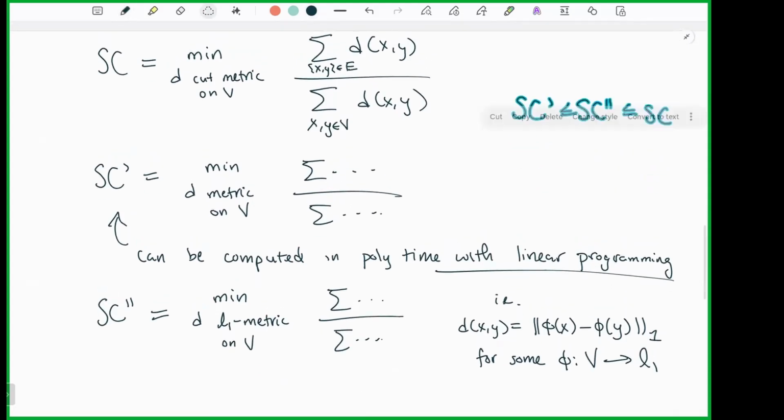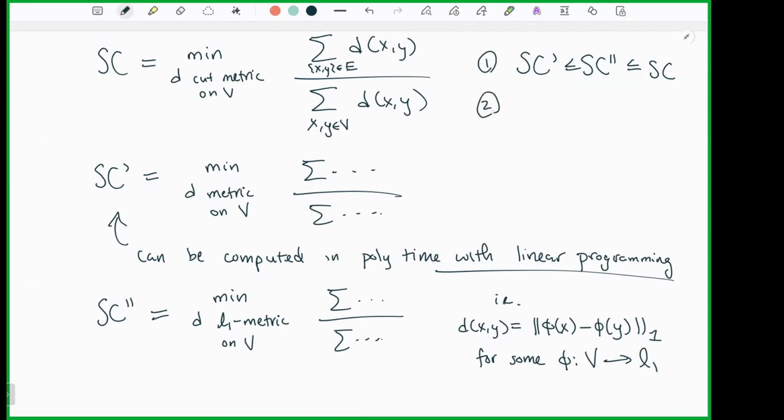Some basic observations: it turns out that not only is every cut metric an L1 metric, but every L1 metric is a positive linear combination of cut metrics. I think this is called the cut cone representation of L1 metrics.